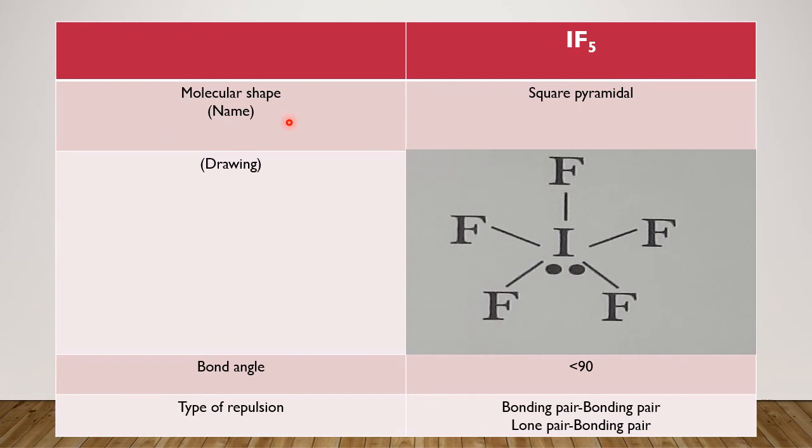So next, the name of the molecular shape is square pyramidal, and this is the drawing. The iodine atom is at the center with a lone pair and 5 fluorine atoms. The bond angle here should be less than 90 degrees.